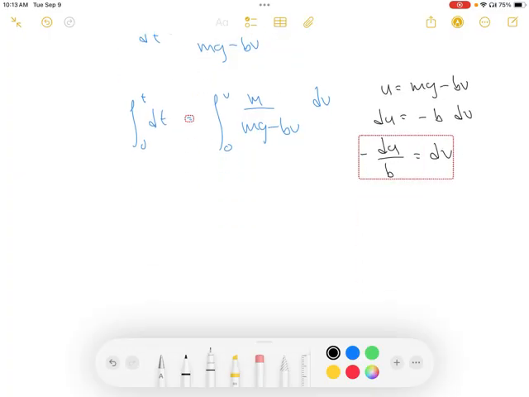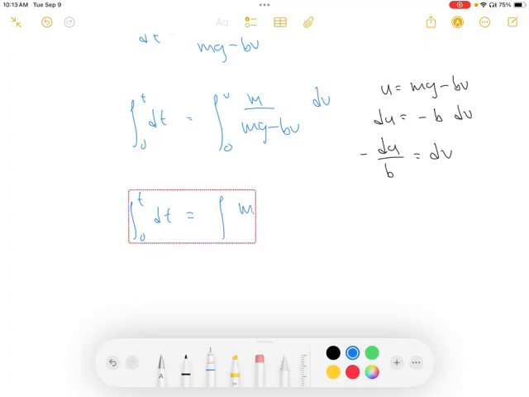Then we substitute back into our integrals. We have the integral from 0 to t of dt is equal to the integral of m over u times du over minus b.